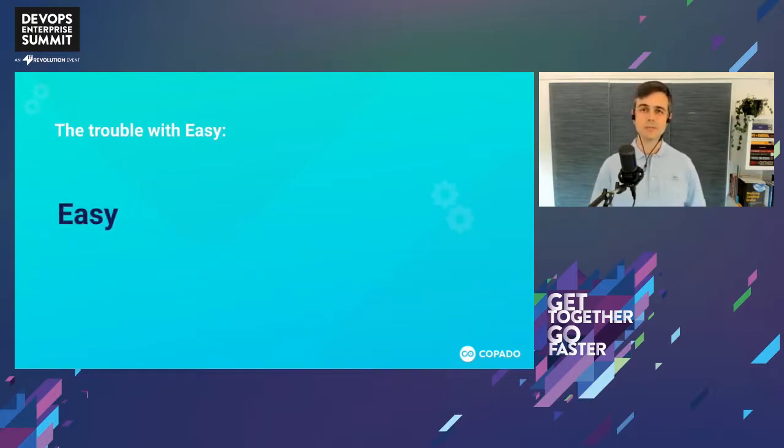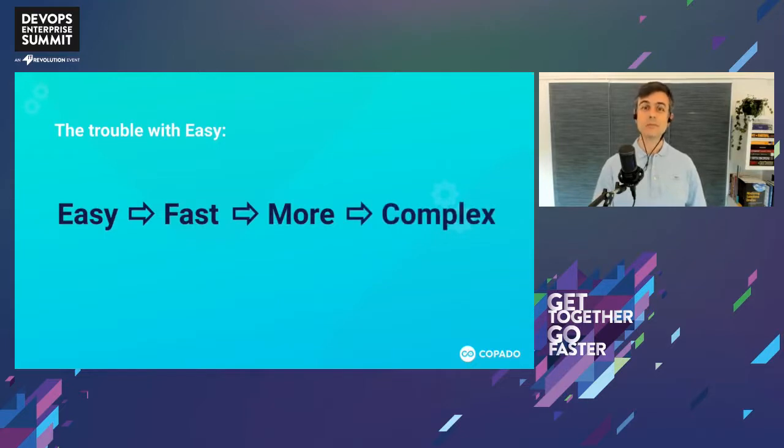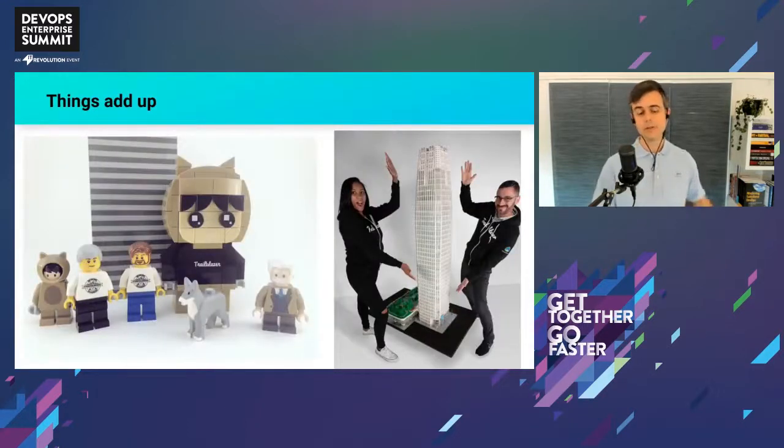The trouble with easy is that easy means fast. You can get a lot done in a short period of time, which means you build more. And when you build more, things become complex pretty quickly. If you get enough moving parts in any system, things tip into complexity pretty quickly. Now, the vision in the Salesforce platform is that it's like we're building with Legos.